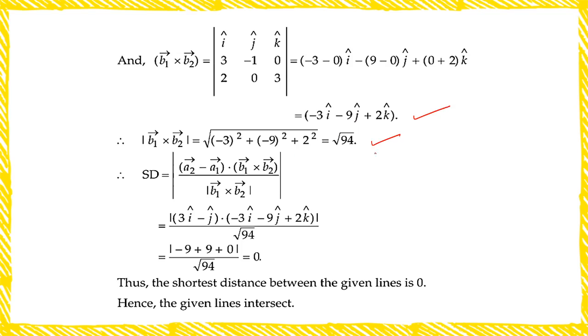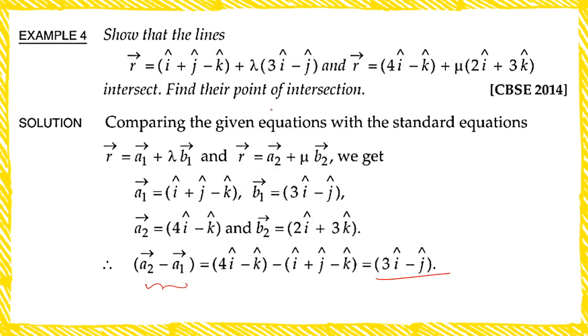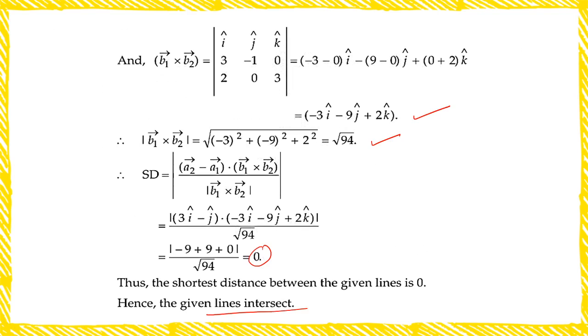Then the magnitude is 94. Put all the values in this formula and we see that the shortest distance is 0. So it means definitely the lines intersect. When the shortest distance comes out to be 0, then definitely the two lines intersect.